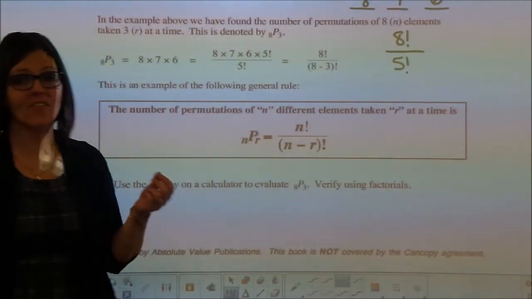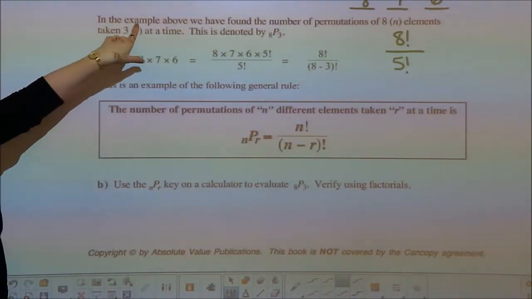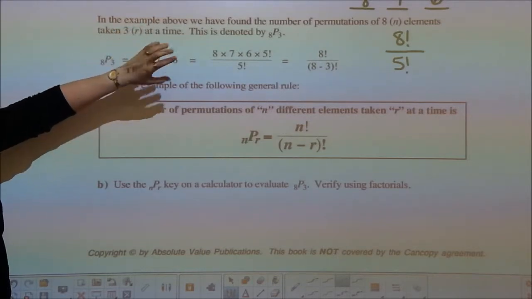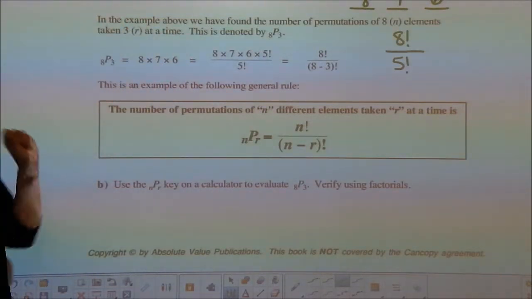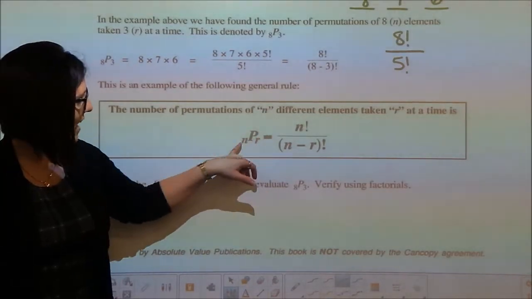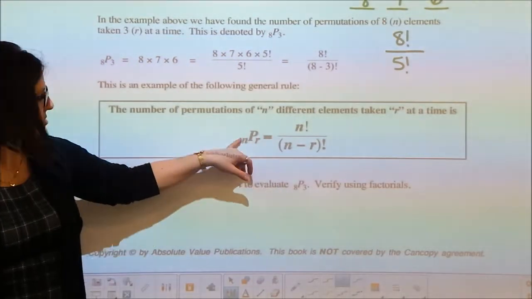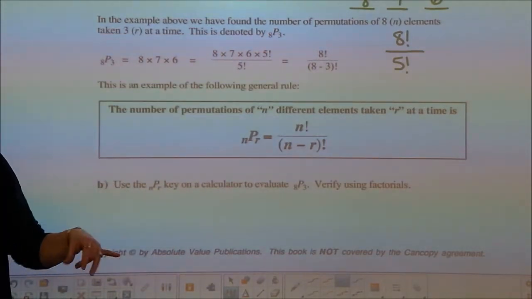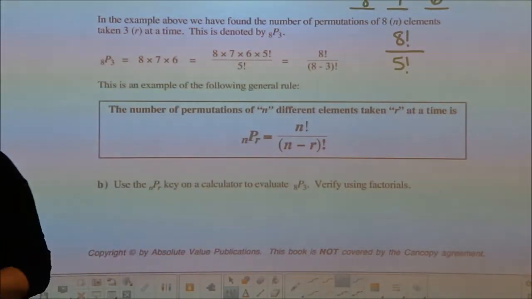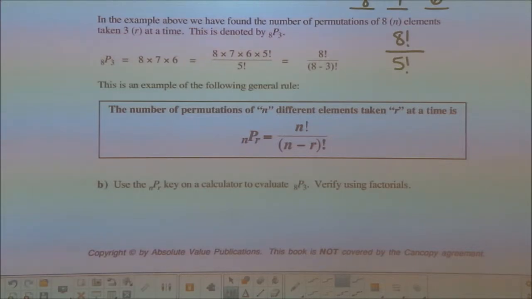What I end up having is the number of permutations of 8 elements that I'm taking 3 at a time. The way that we write it is nPr. So the n is 8, that's the total number of elements I have in this set. r is the number that I'm picking at a time. I'm choosing 3 at a time.